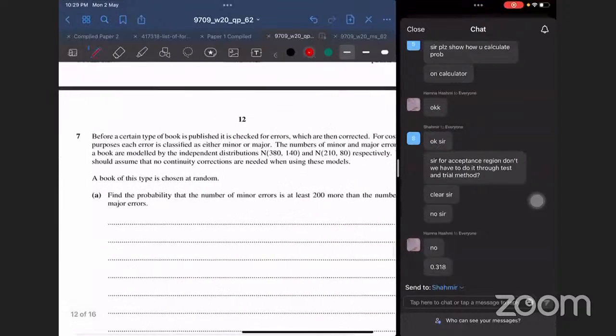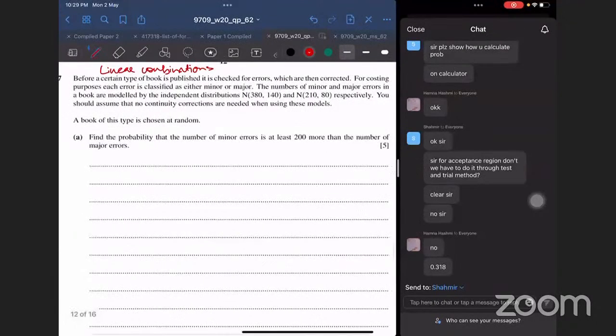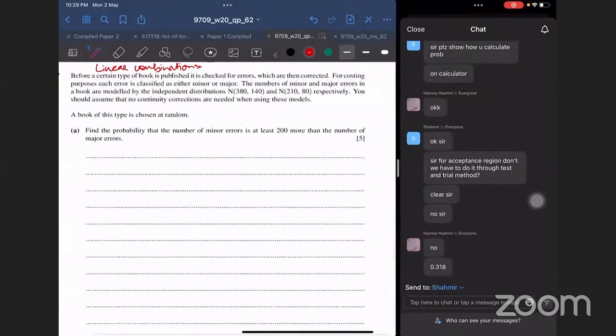Let's just quickly do it. ये heavy linear combinations का one takes a lot of time. It says before a certain type of book is published, it is checked for errors which are then corrected. For costing purposes, each error is classified as either a minor error or major error. The number of minor and major errors in a book are modeled by this.